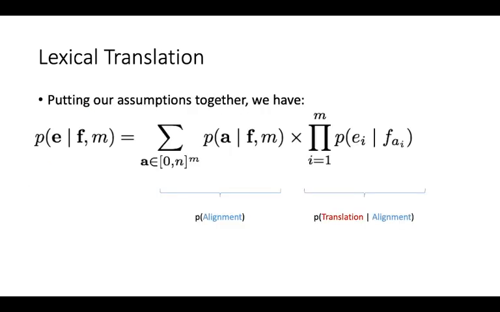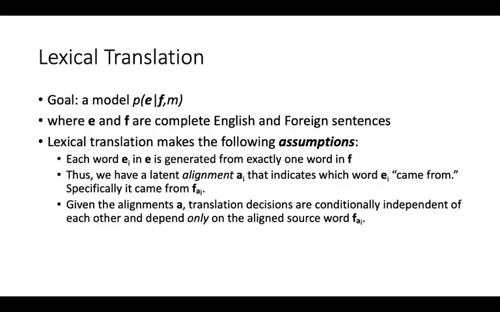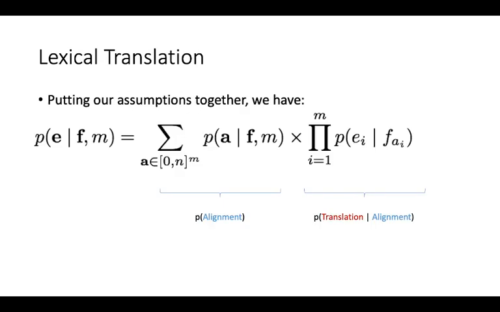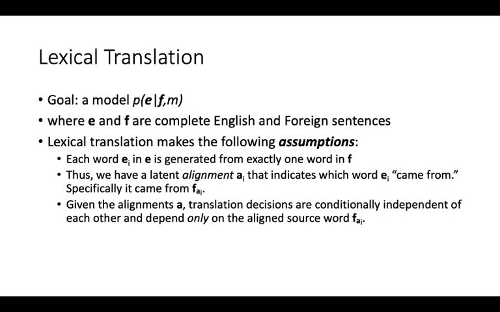And we also have another assumption: given the alignment, the translation decisions are conditionally independent of each other, and each only depends on the aligned source word F_AI.